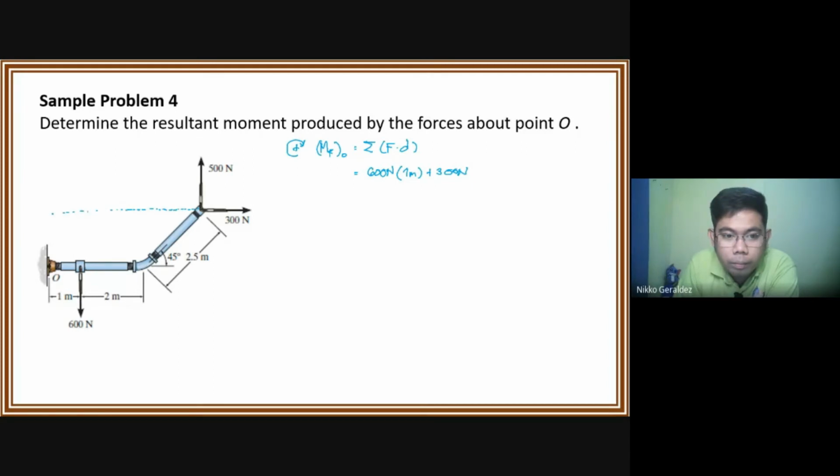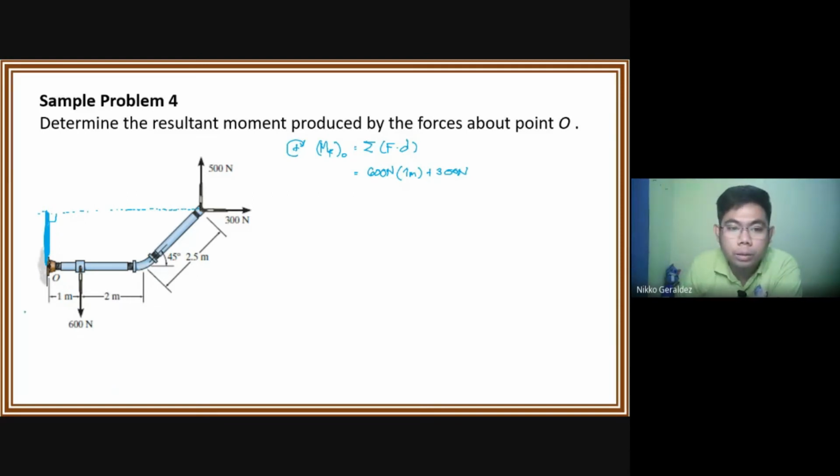So that is the horizontal. So perpendicular distance niya is yung vertical distance from point O to point of application ng 300 Newton. So that is perpendicular. So ano yung length na to?